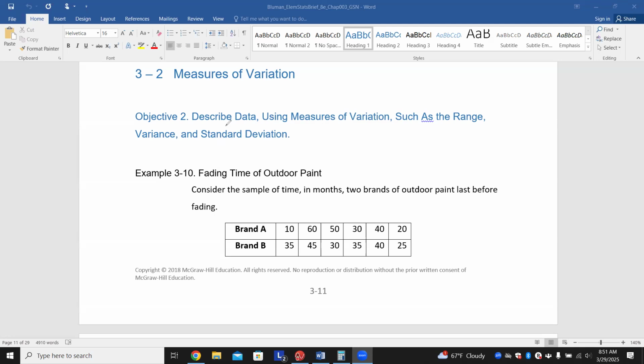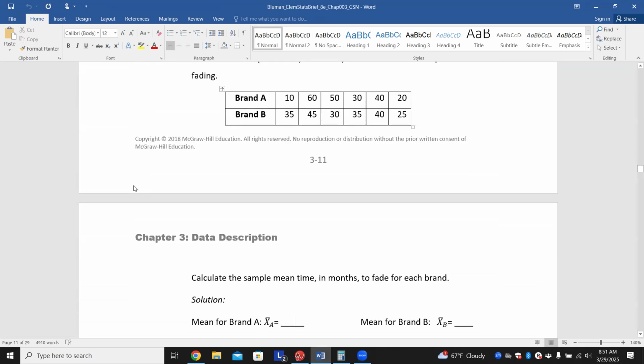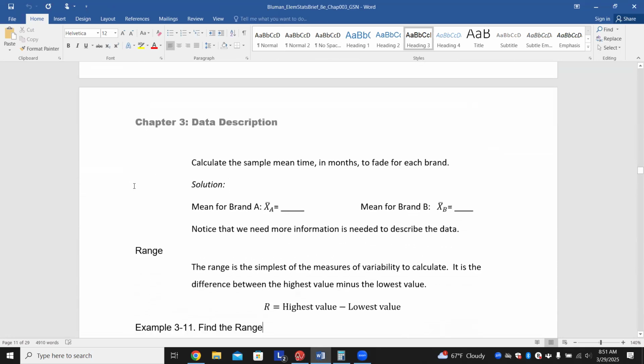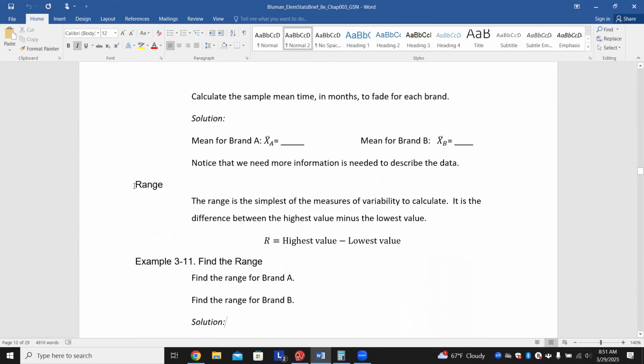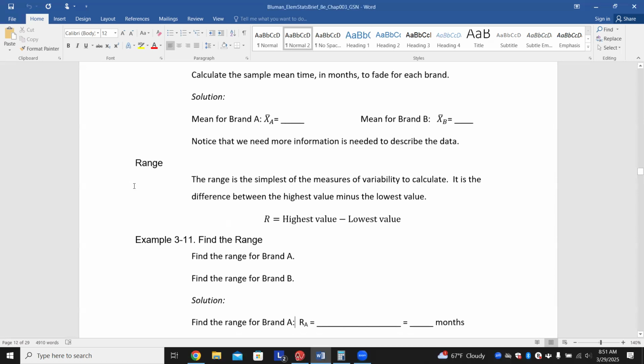So to do that, we're going to calculate the sample mean time in months to fade for each brand. All right, so again, to do this, we just simply add them up.